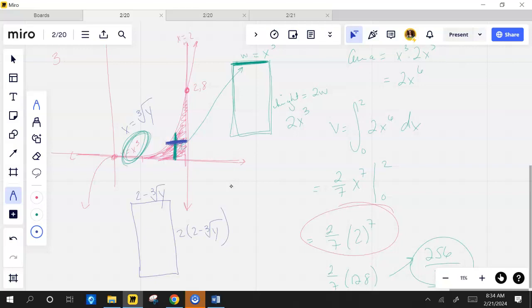I don't think you're doing it right now. Are your dimensions of your rectangle the same as the dimensions of my rectangle? 2 minus cubed root of y. Oh, I didn't even look at B. I was just doing it the same way I did the other. Okay. Don't look at B. All right, redo this.